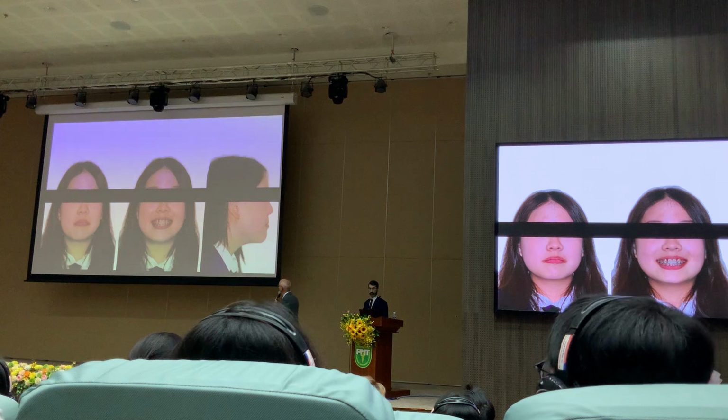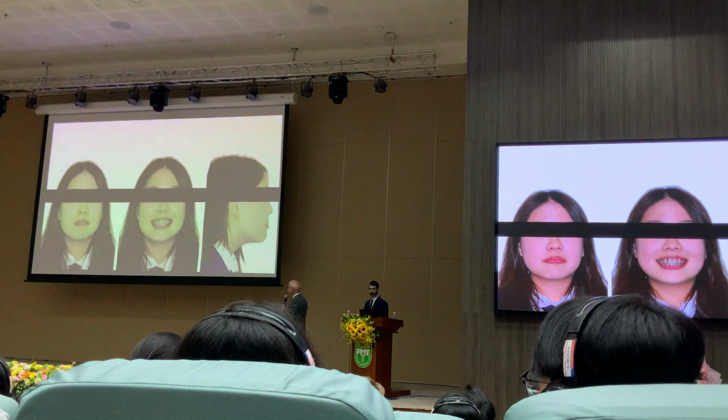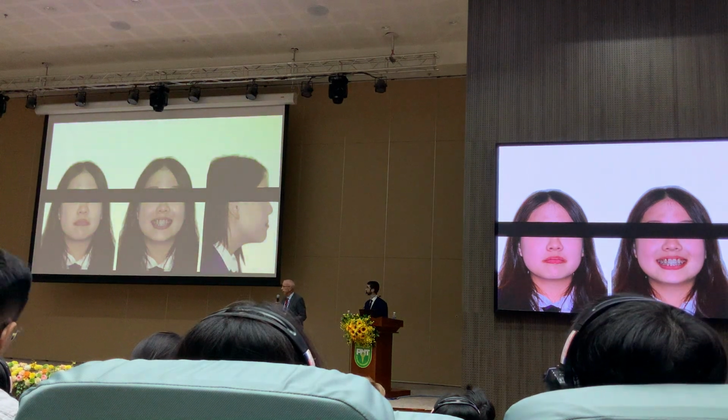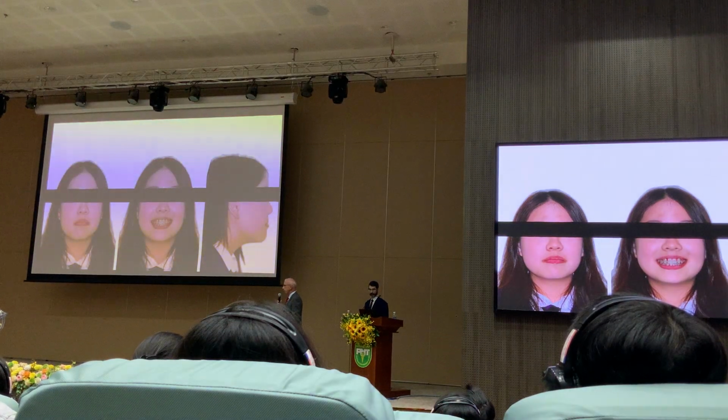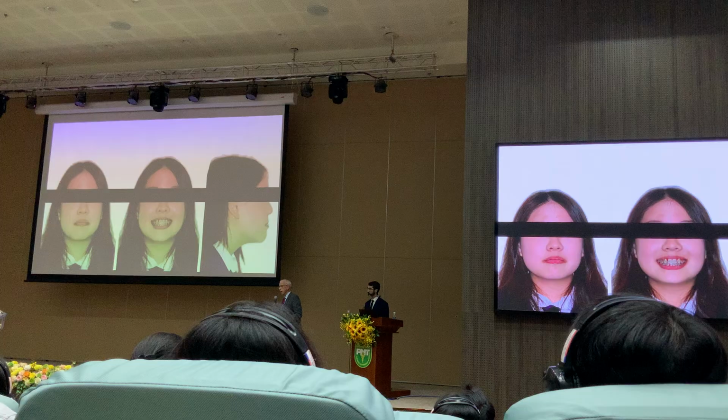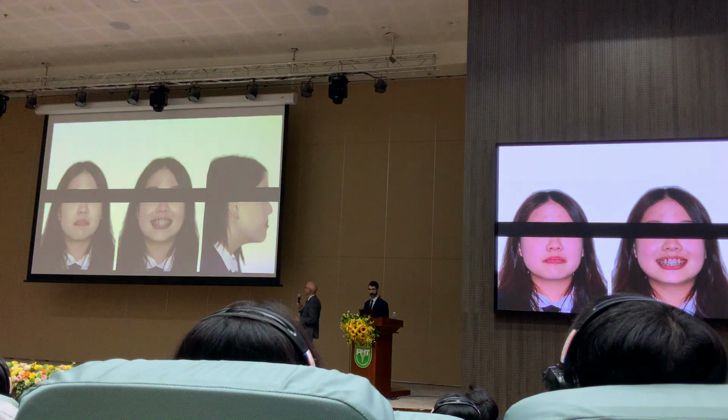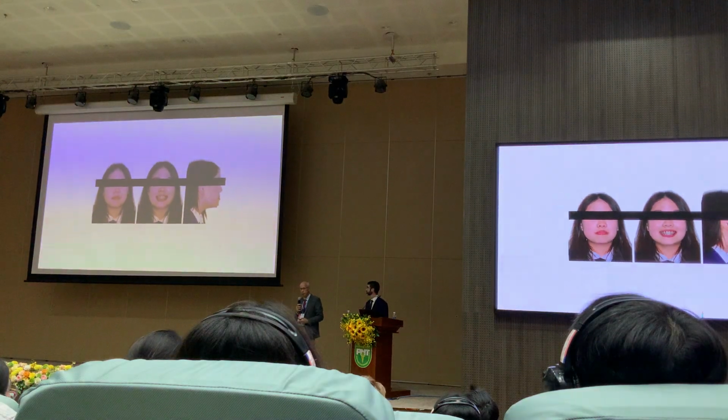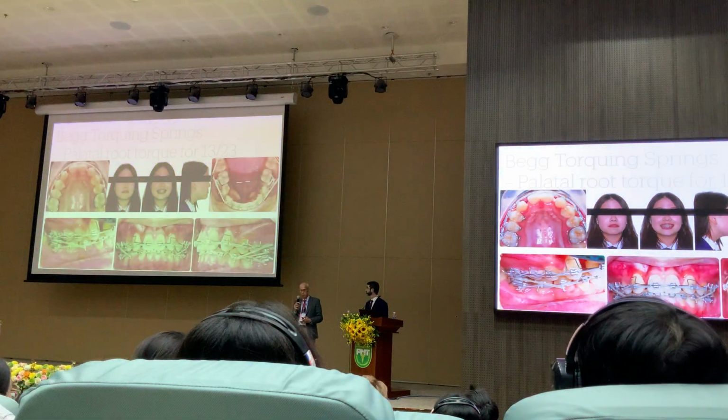I have previously presented a case here which was a difficult case because in treatment we had to extract lateral incisors and there was not much bone over the canines, and so it was really trying to control the canines, which can be very difficult while closing spaces.